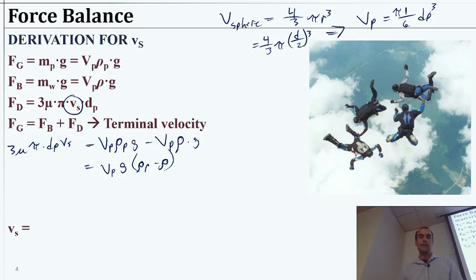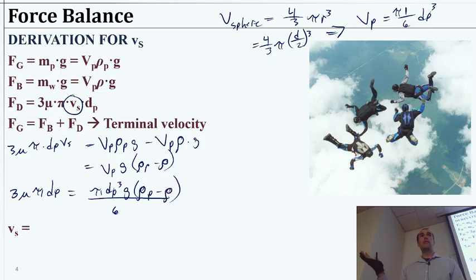All right, given that, we can substitute in here. For a moment longer, I'm going to keep the left side the same: 3 mu pi times the diameter of the particle equals, and here I'm just going to say pi over 6 times dp cubed times g times rho particle minus rho of the water.